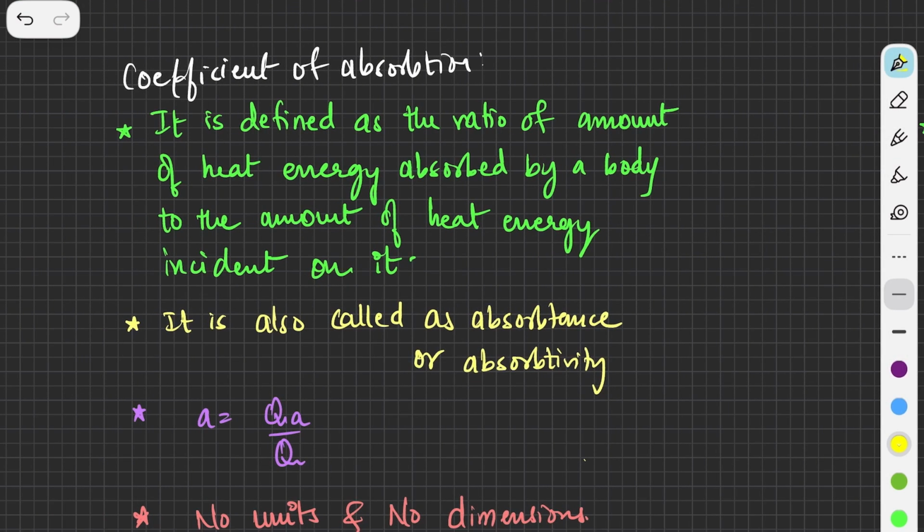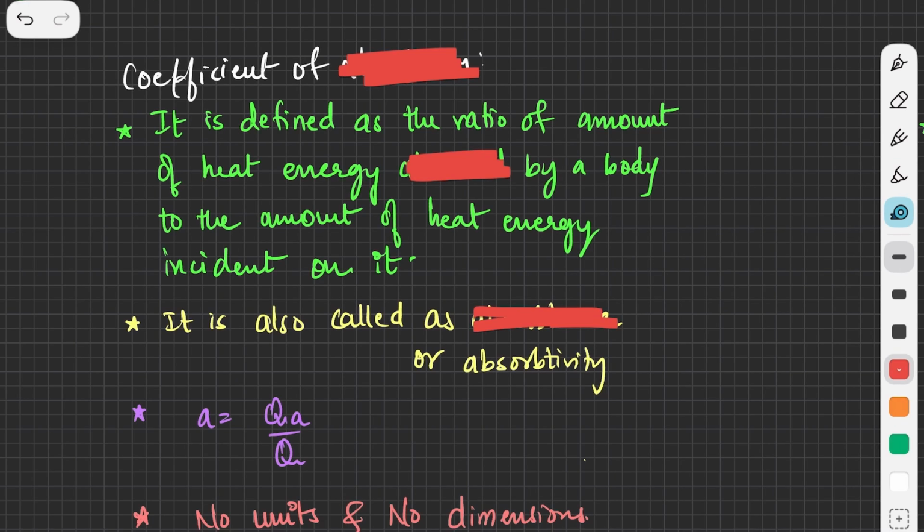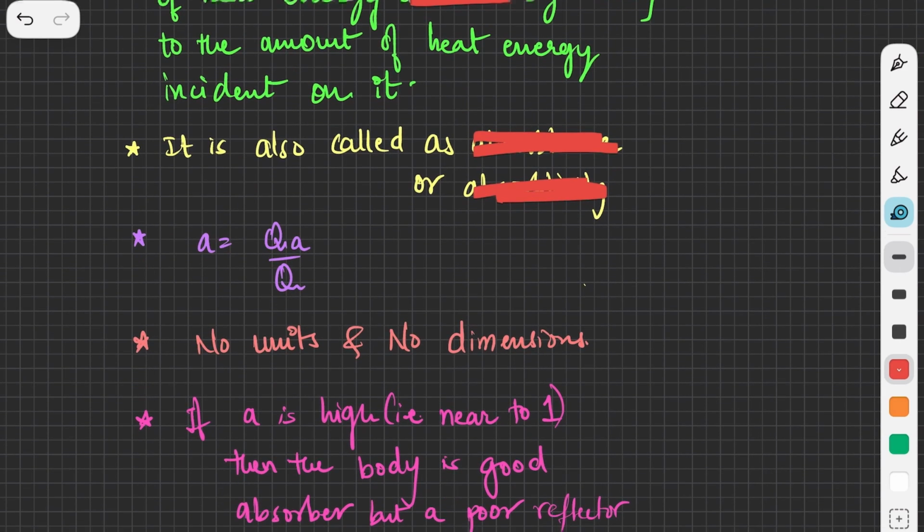Absorption will become reflection, absorbed will become reflected, absorptance will become reflectance, absorptivity will become reflectivity, A will become R, that is the amount of heat energy reflected.